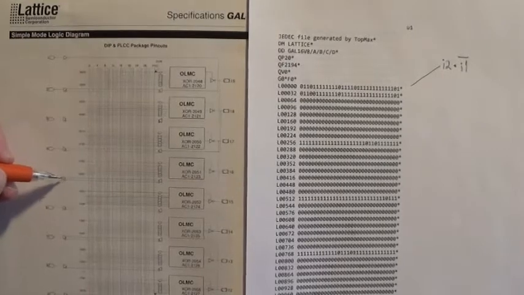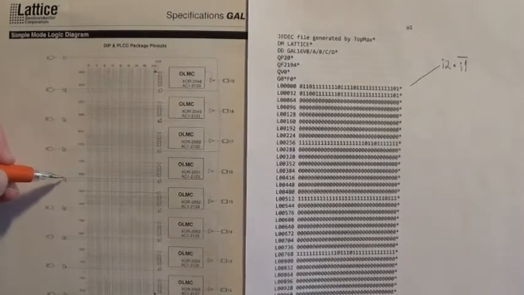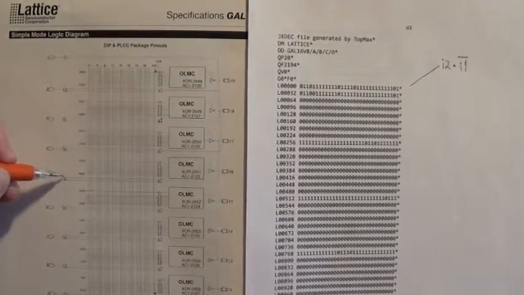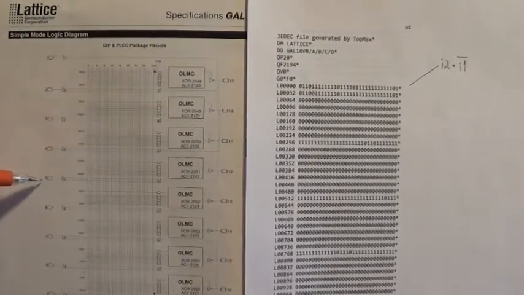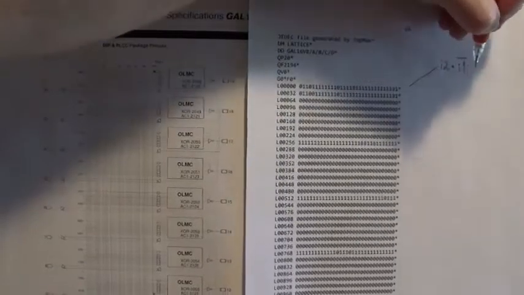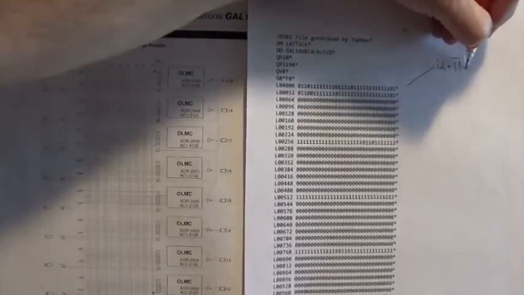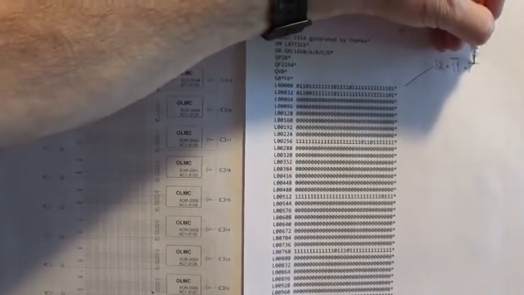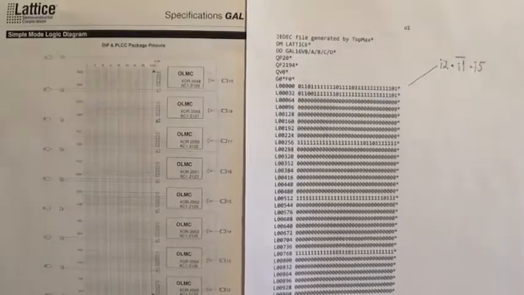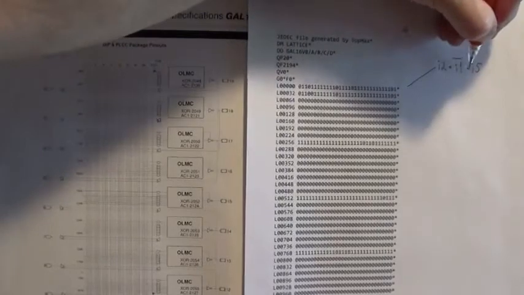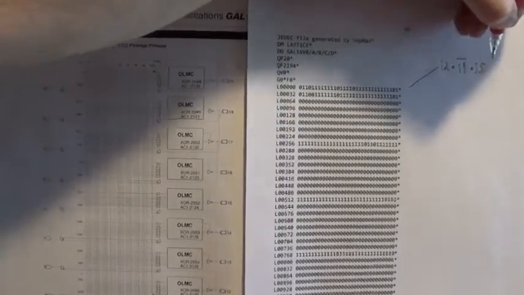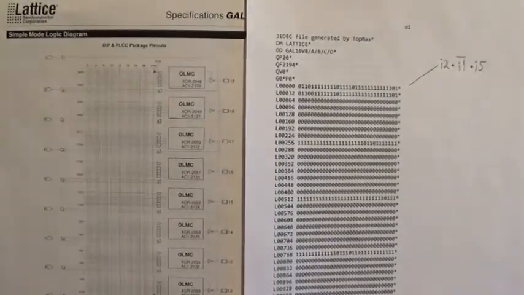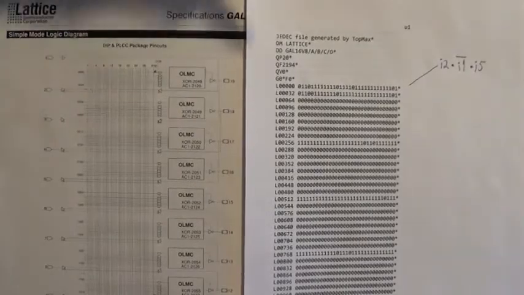It's on the high side of that buffer on the output side, and that's pin 5. So AND in 5 is active high. I'm reaching way over here to write, so my writing's going to be a little bit sloppy.